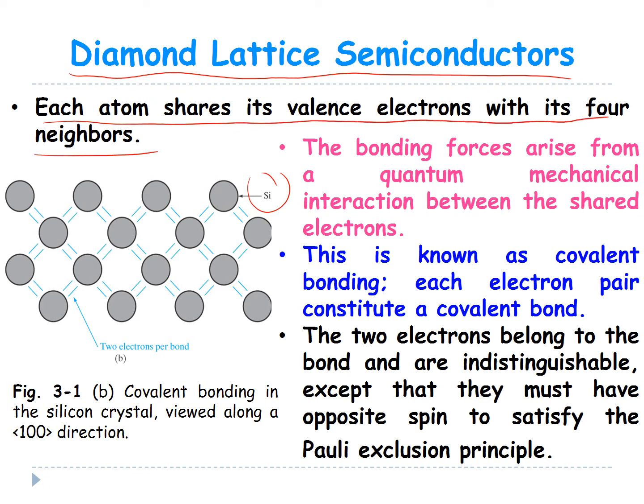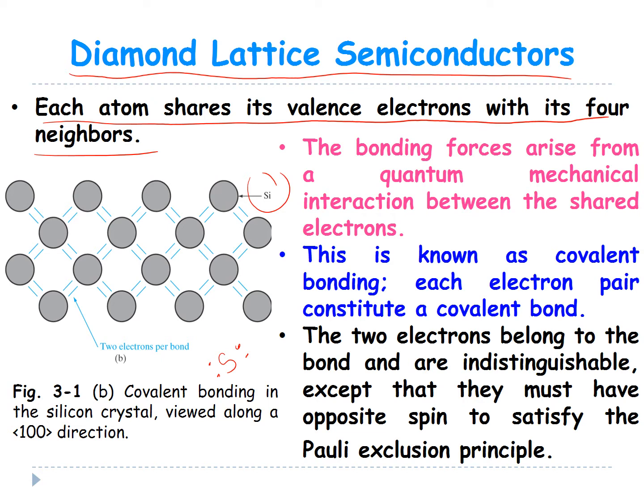So the bonding forces arise from a quantum mechanical attraction between the shared electrons and the positive nucleus of the atoms. Remember that silicon has 4 electrons in its outer shell, and so it needs 4 other electrons to obtain this octet state.